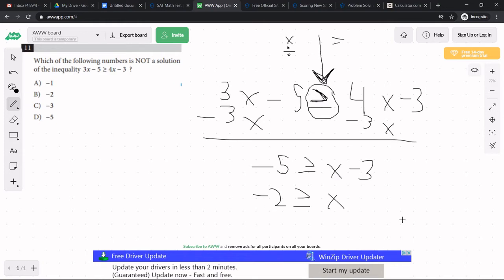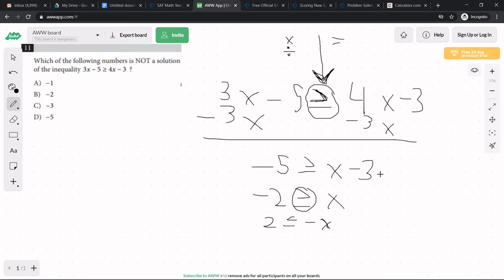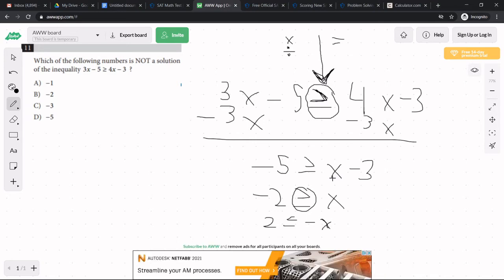If I were to multiply this by negative 1, I'd have to flip this sign: it becomes less than or equal to negative x. Same thing if I were to divide by negative 1, or negative 2, or negative 3, any negative number at all. You have to flip the inequality sign when you're multiplying or dividing. But for this one, we didn't need to do that.